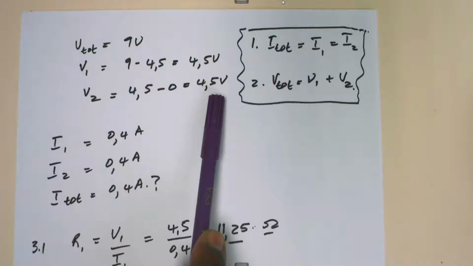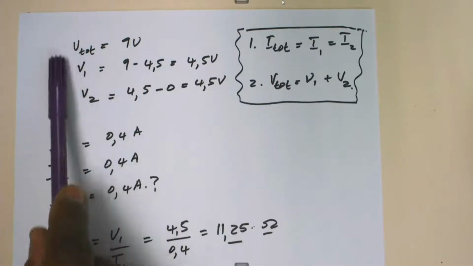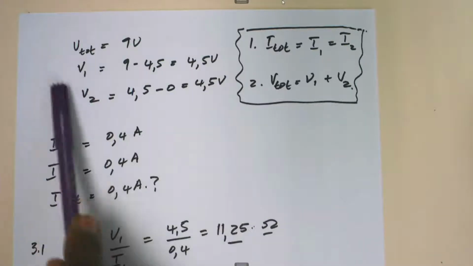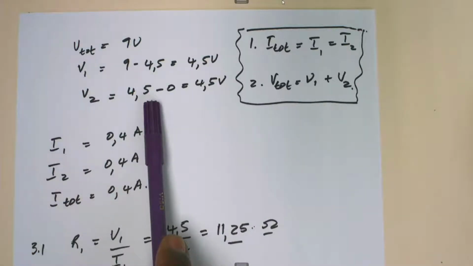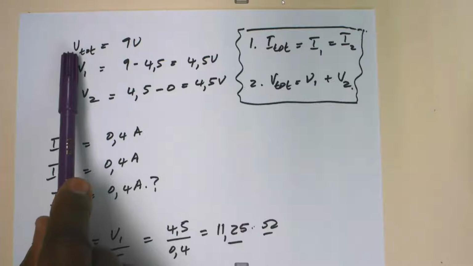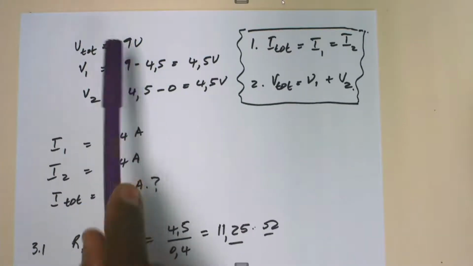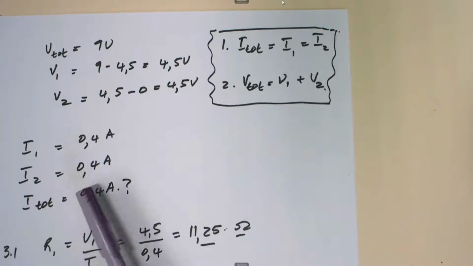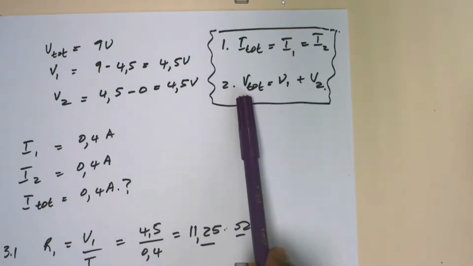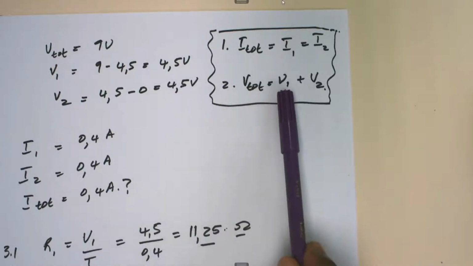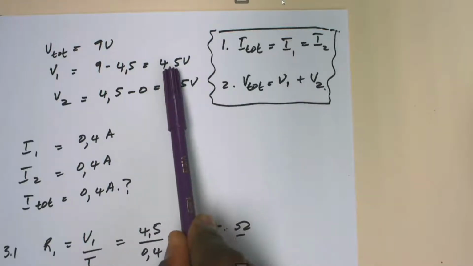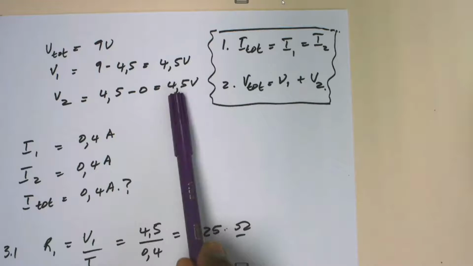Now remember, these resistors are connected in series. What can we conclude from these figures that we have found? We notice that the total voltage across the battery is equal to V1, which is 4.5, plus V2, which is 4.5 volts.